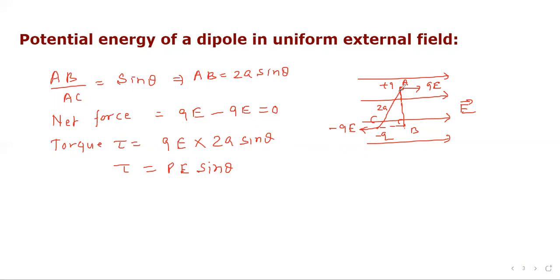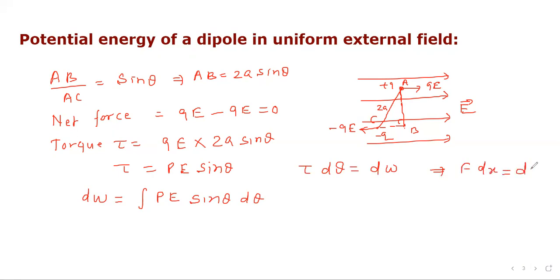So first, let's rotate it through angle d theta, then small work done dW will be PE sine theta d theta. Logic is very simple. Tau d theta will be dW, similar to F dx, force into displacement equal to small work done.